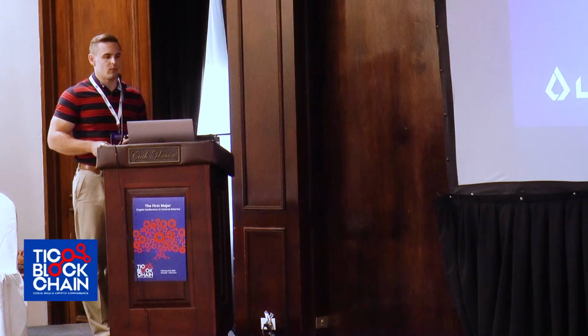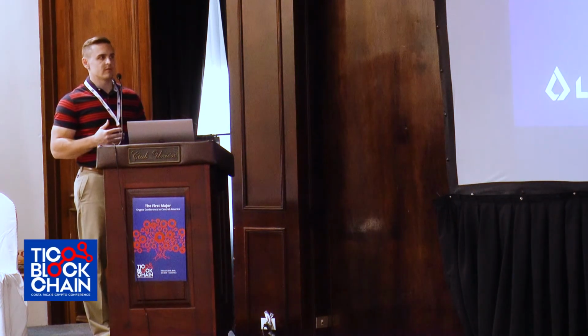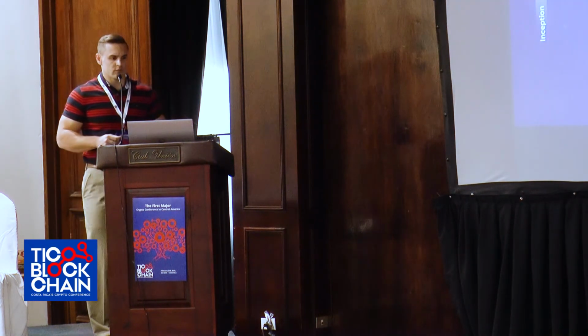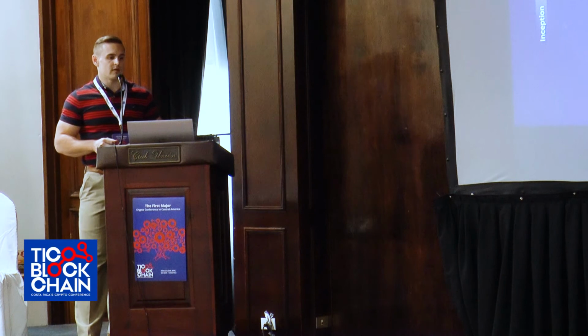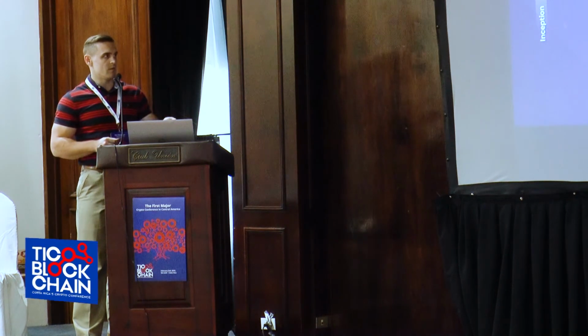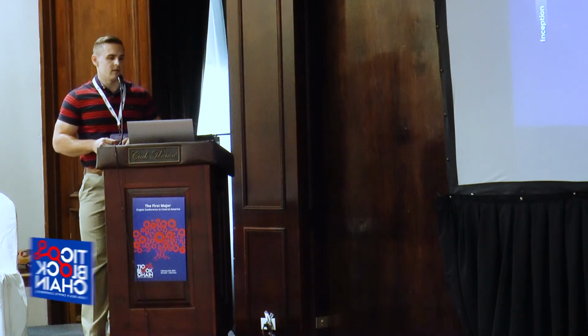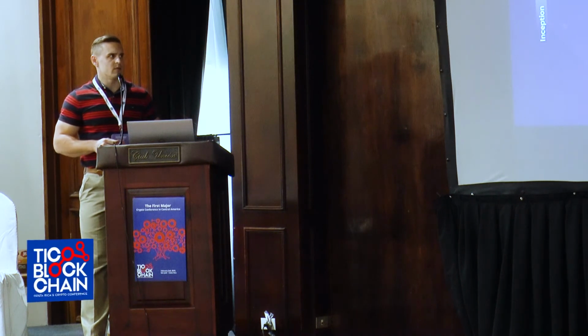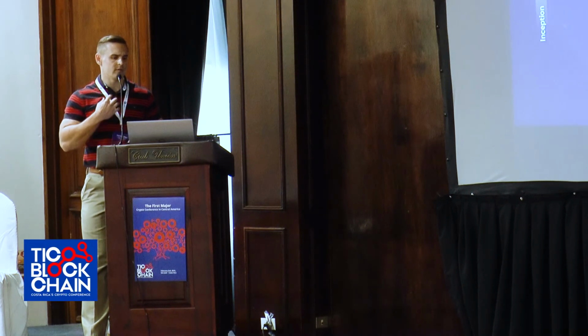I'm just going to finish up with a quick touch on the Lisk development roadmap. Right now, they are in the architecture and design phase of the roadmap, right here. The Alpha SDK should be here probably within 3 to 4 months.